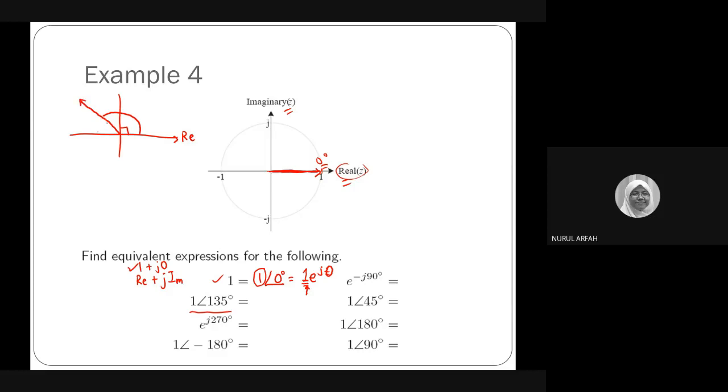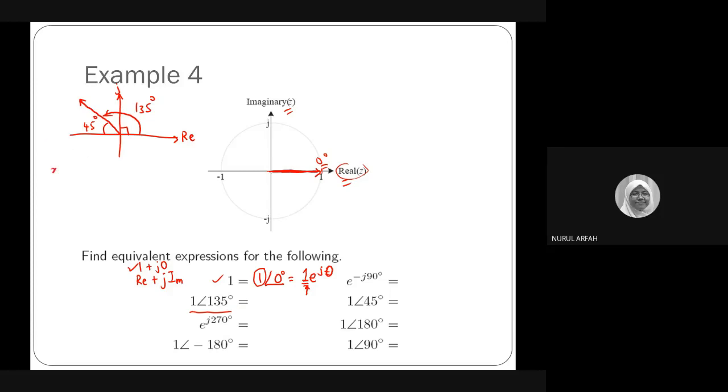What is that degree? 45, right? Yes, very good. This is j, the imaginary axis. And then how do you write this in terms of rectangular form, without using a calculator?